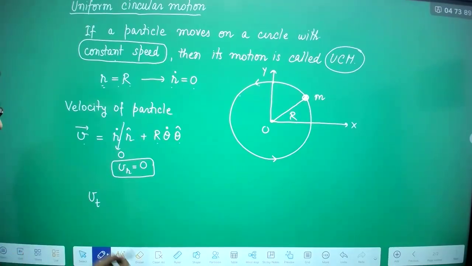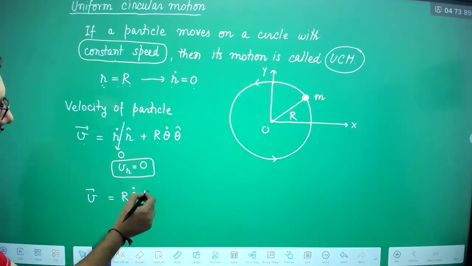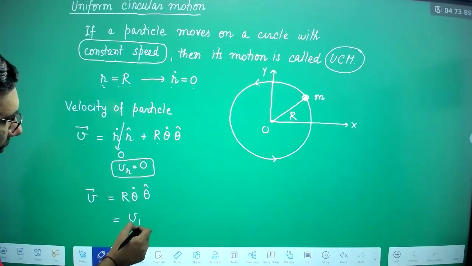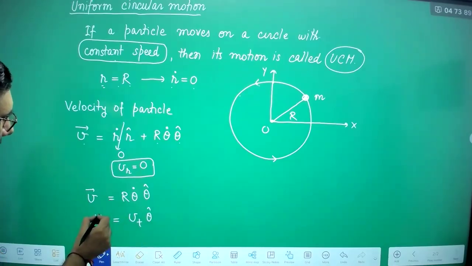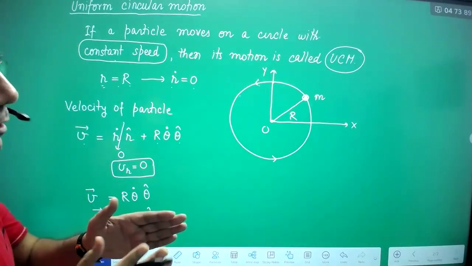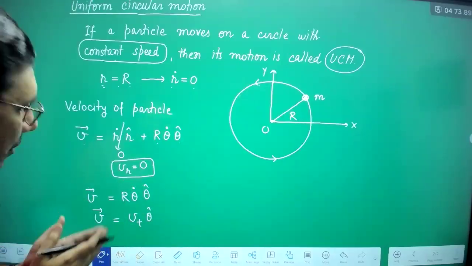So V is equal to r theta dot, and the direction is theta cap. So this is only Vt, tangential velocity. This particle is going to have only tangential velocity if it is undergoing uniform circular motion.